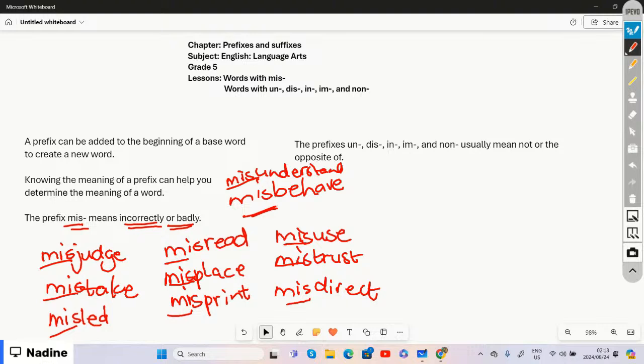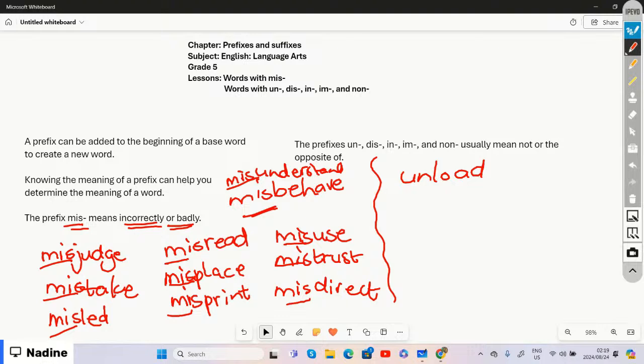So when we look at words with, let's say, for example, unload. Unload means that you need to take it off. It's the opposite of loading.